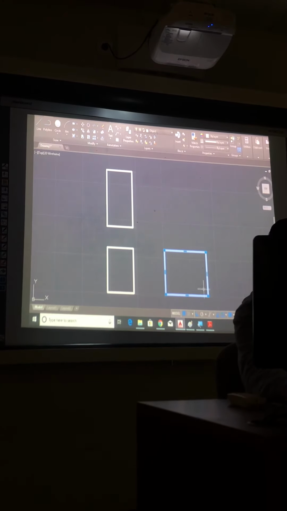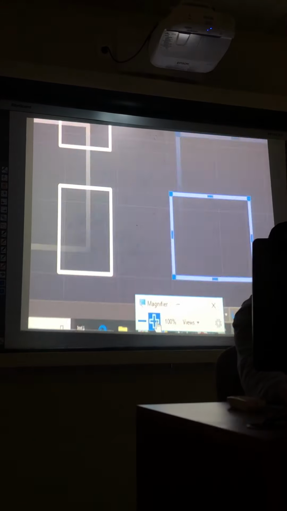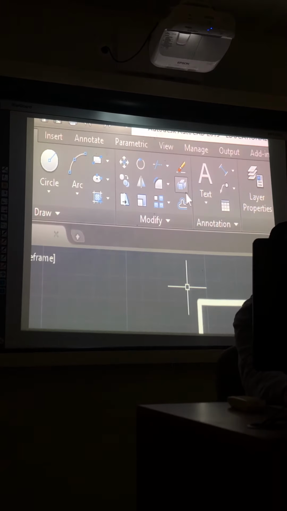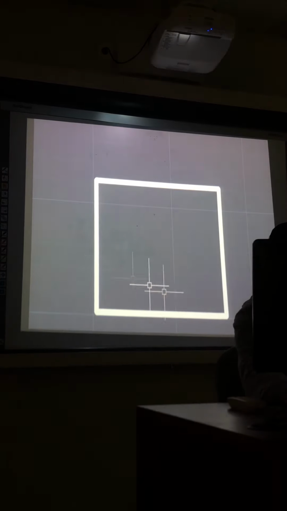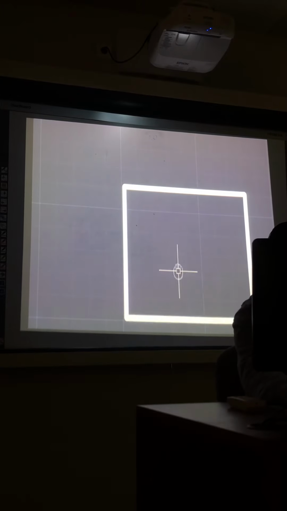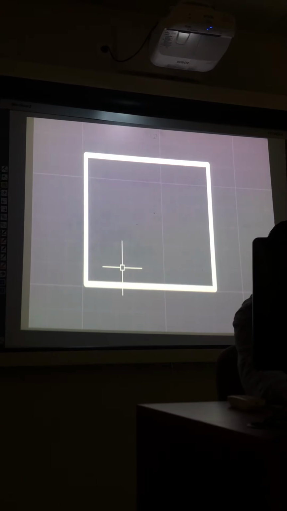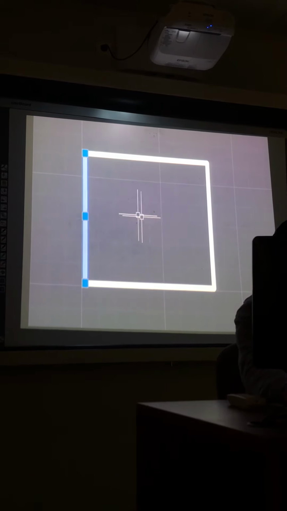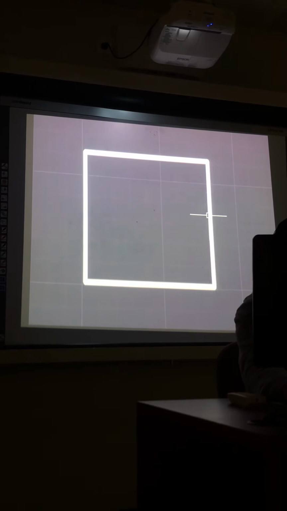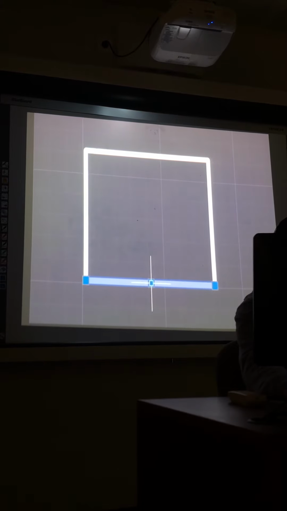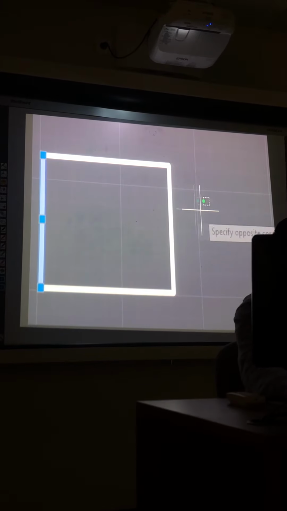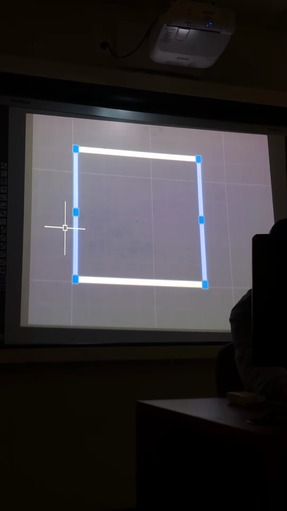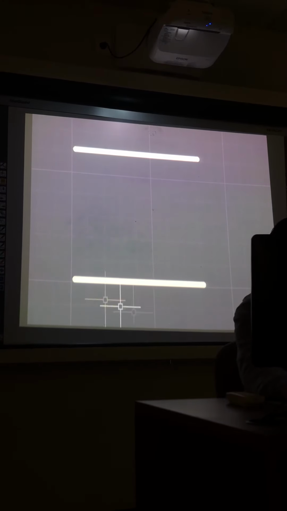I'm going to explode this rectangle, right? So what does the explode do? Now if I click on it, each line is by itself, right? Let me delete these two lines because I know there is nothing so high in my drawing.